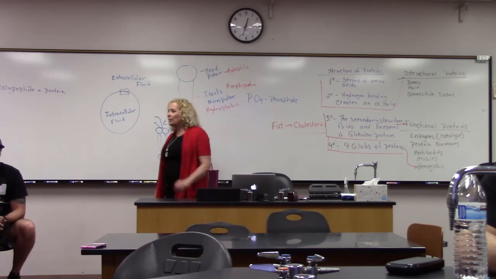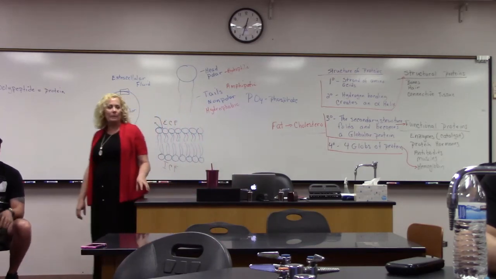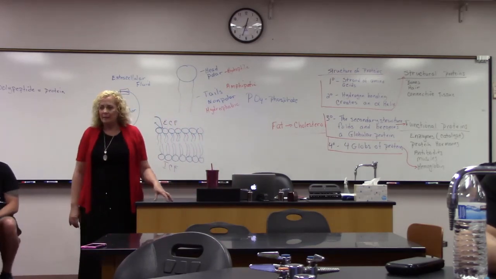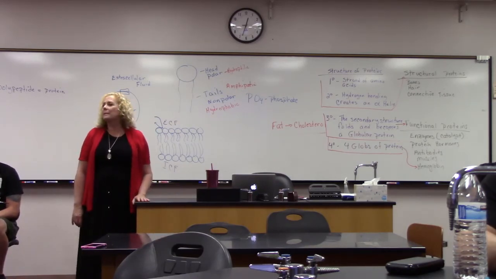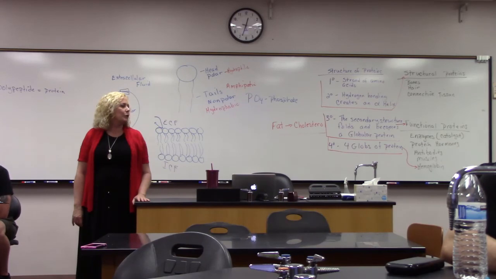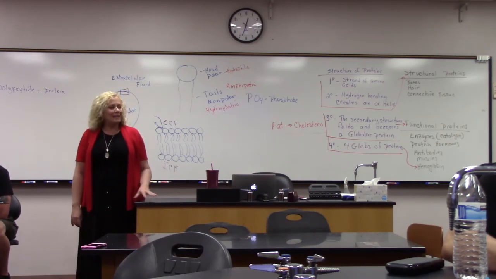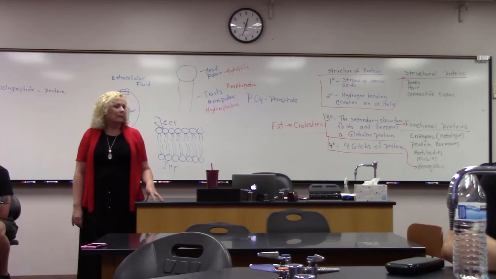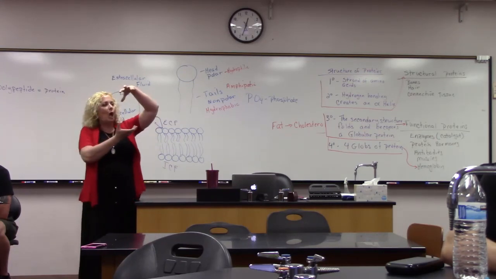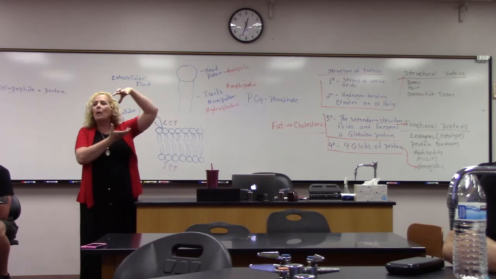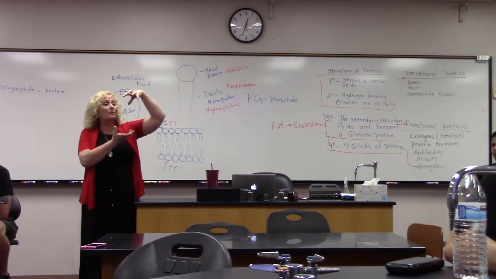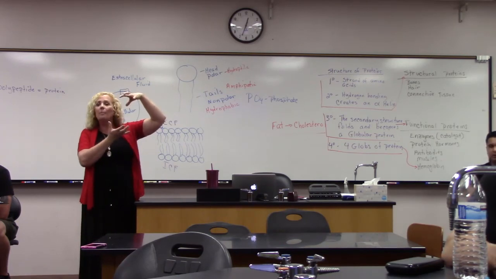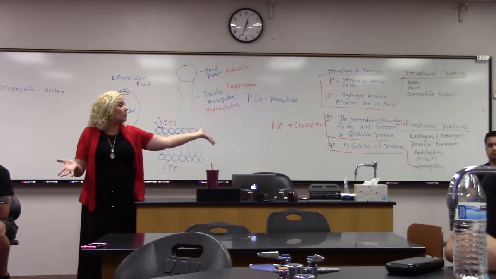If a protein changes shape so much that it becomes denatured, what that means is the protein no longer can do its job, it can no longer function. So basically what happens is, let's say we've got this glob of protein and we break more hydrogen bonds than we're ever supposed to break. This glob of protein can basically fall apart.